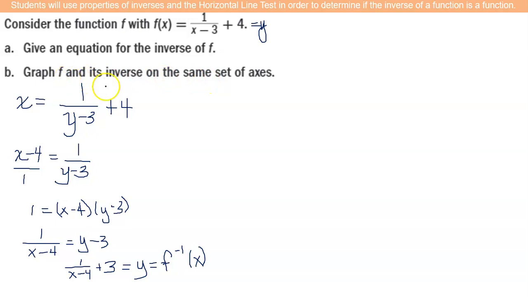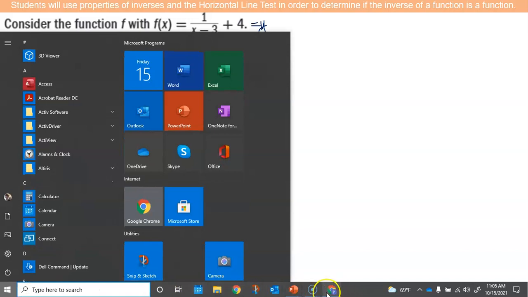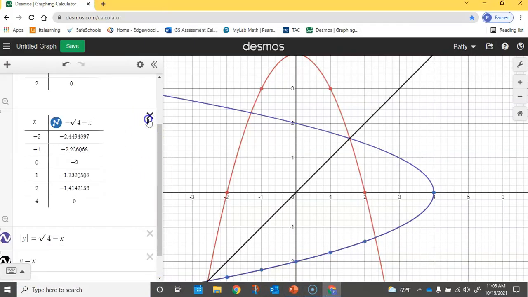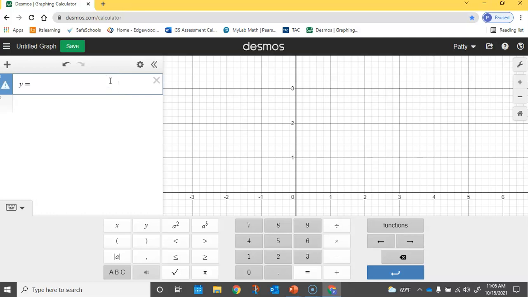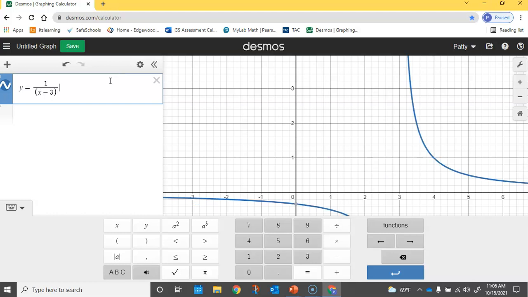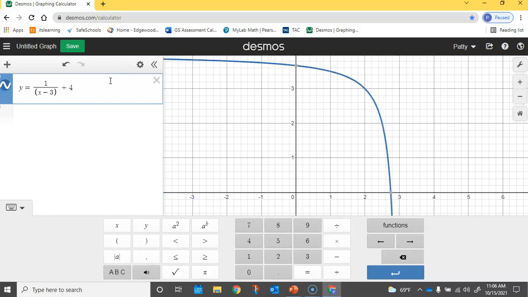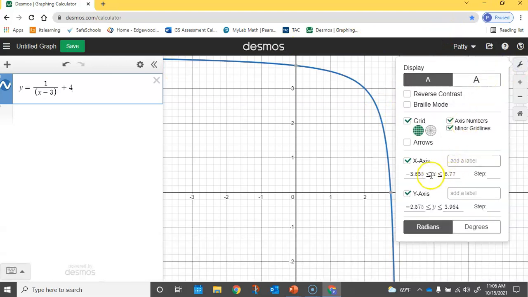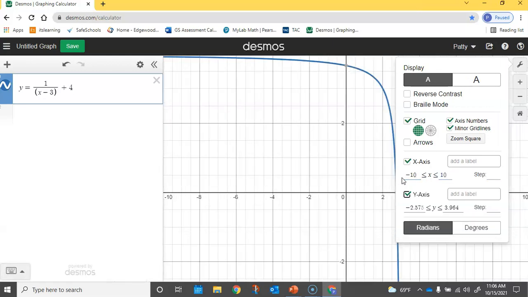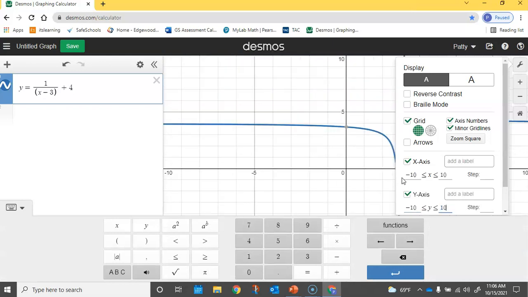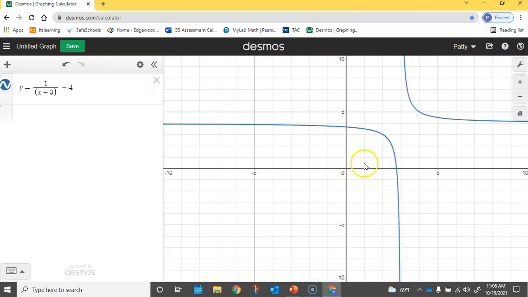Then it says to graph f and its inverse on the same set of axes. So if I go back to my Desmos, I can do that. I had y equals 1 divided by x minus 3, plus 4. I can see that that's a translation: I went right 3 and up 4 from my parent function of 1 over x.